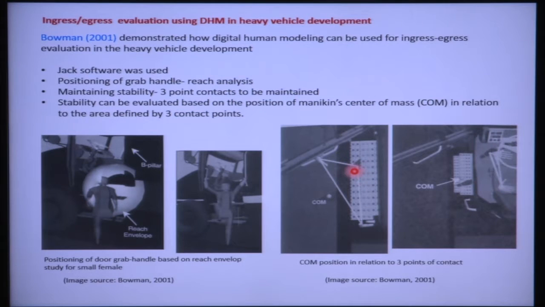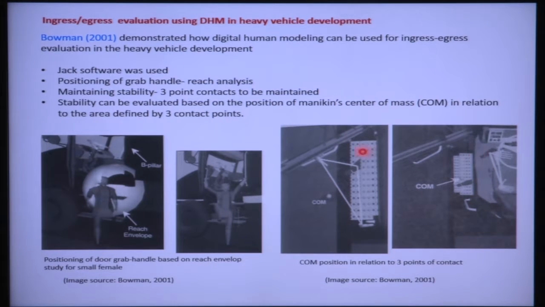This is the area defined by these 3 contact points, this triangular area, and they checked whether the center of mass of the body is within this triangle or away from it. Based on that, they evaluated the stability. Stability can be evaluated based on the position of the mannequin center of mass in relation to the area defined by 3 contact points.